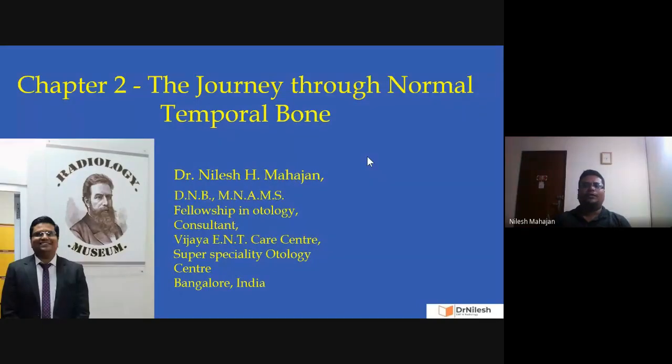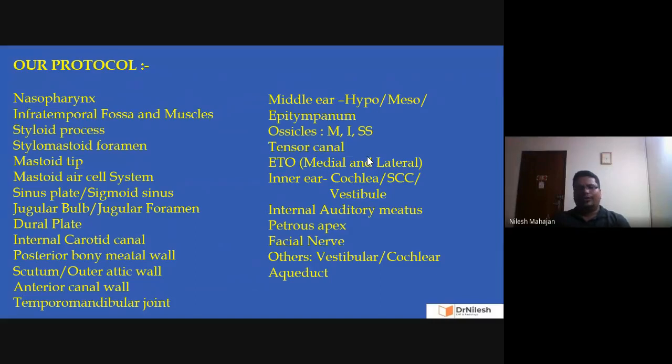So the second chapter will start now, that is the journey through the normal temporal bone. As I told you, whenever you receive any scan of the temporal bone, you should go through all these structures when you see a particular scan, starting right from the nasopharynx, then infratemporal fossa and its muscles, styloid process, stylomastoid foramen, mastoid tip, mastoid air cell system, sigmoid plate and sigmoid sinus, jugular bulb, jugular foramen, dural plate, internal carotid canal, posterior bony meatal wall, scutum and the outer attic wall, anterior canal wall, temporomandibular joint, middle ear including hypo, meso and epitympanum, ossicles like malleus, incus, stapes superstructure, tensor canal, then eustachian tube orifice, both the medial and lateral ends, inner ear, cochlea, semicircular canal and vestibule, internal auditory meatus, petrous apex, facial nerve, vestibular and cochlear aqueduct.